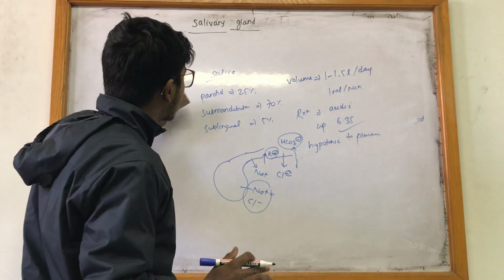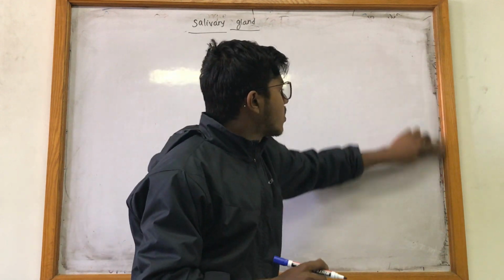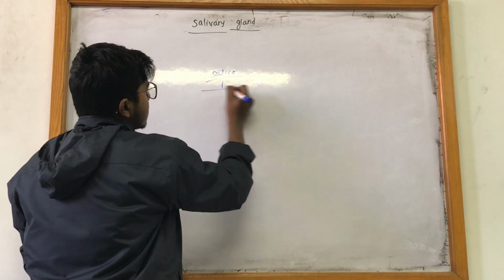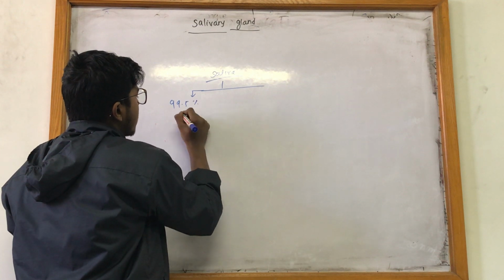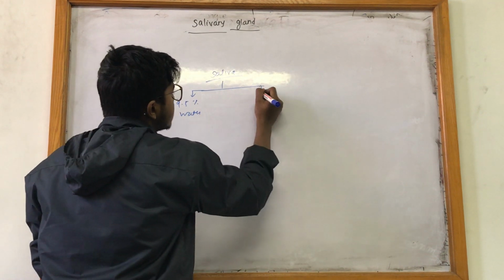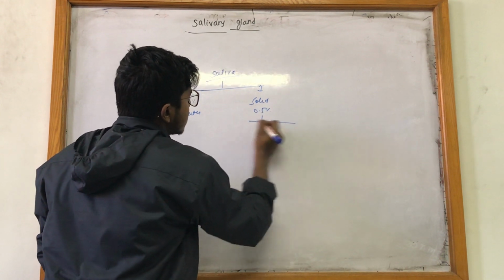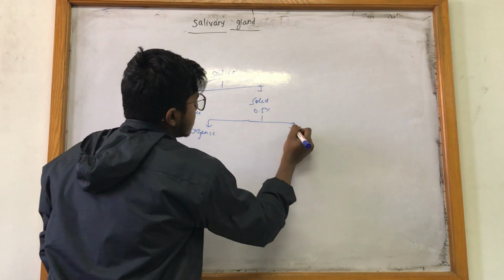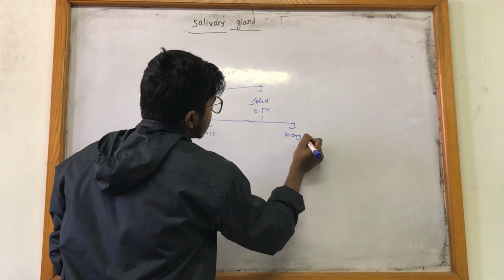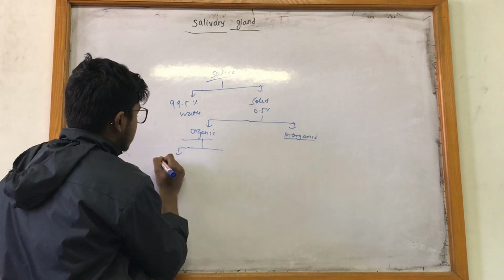Now coming on to the total constituents of saliva. It has mainly 99.5% water, and only 0.5% solids. It is again divided into two forms, organic and inorganic. Organic has enzymes.